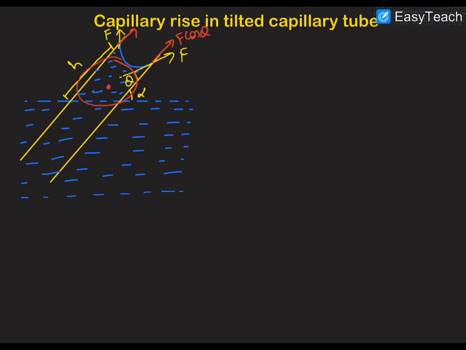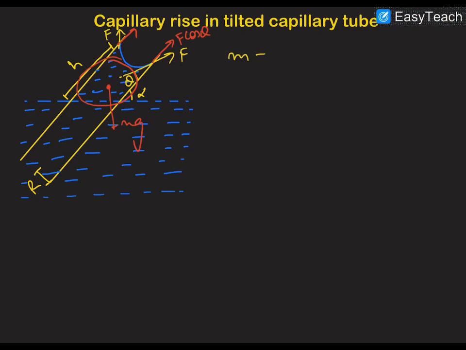I will be assuming this part still as a cylinder, and I am ignoring this shape because we have already discussed that the radius of the tube is very, very small, because a capillary tube by definition is a narrow tube. So R is very small as compared to h. So we can ignore this shape distortion, and we can consider it again as a cylinder.